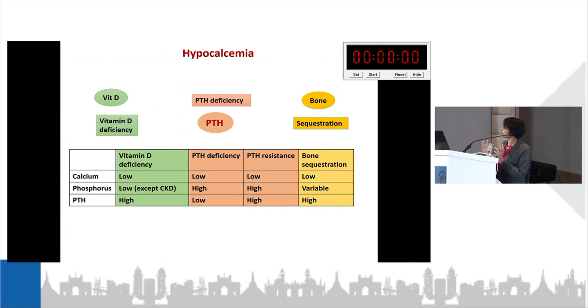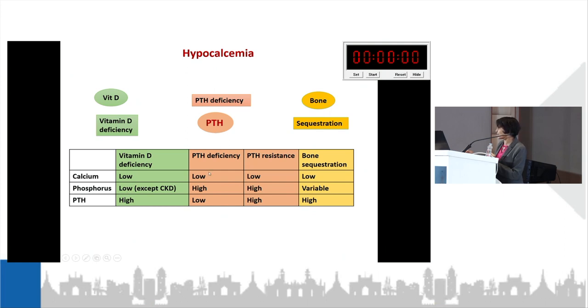So just putting together a synopsis to tell us how one arrives at a diagnosis and hence puts together an optimum treatment, as a principle of learning: vitamin D deficiency will be associated with low phosphorus.